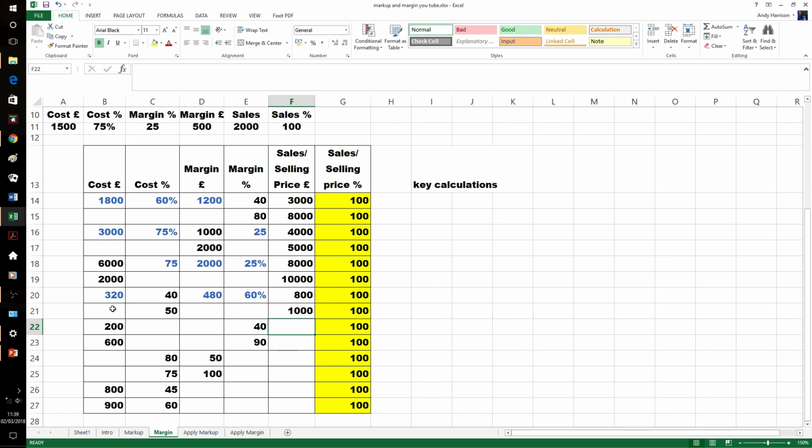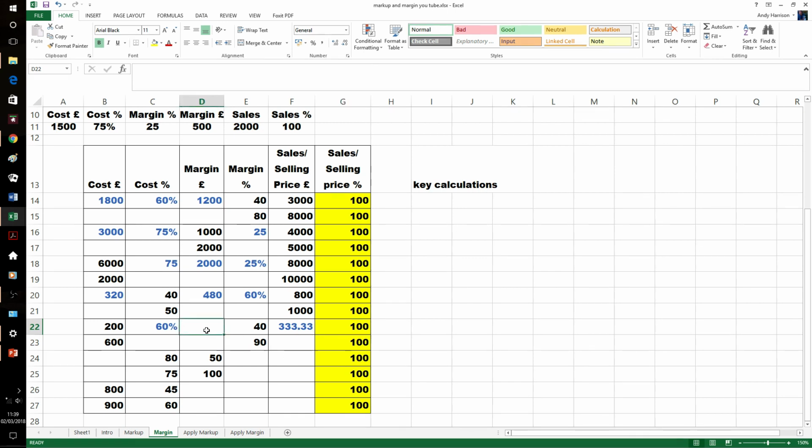Again, different combination. So we've got a cost of 200, cash terms, and a margin, a percentage. Well, that means we can work out what percentage the cost is, because that's got to be 60%. So if £200 is 60%, we can take the 200, divide by 60 times 100 to get the 100%, nearest pound if required.